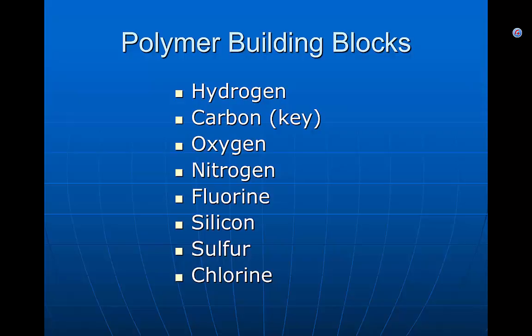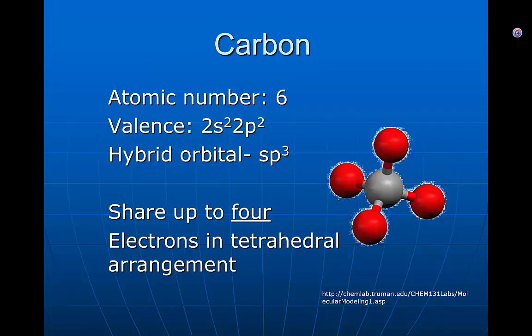If you have non-stick cookware, non-stick coatings on your electric skillet at home or on your pots and pans, that's probably a fluorine-containing polymer. And high temperature flexible rubber cookware, baked pans, that kind of stuff are silicone-based polymers. And sulfur and chlorine show up in a few systems. But most of the polymers in your daily life are primarily hydrogen and carbon. We call them hydrocarbon-based materials. So the key to polymers is carbon. Carbon's magic.